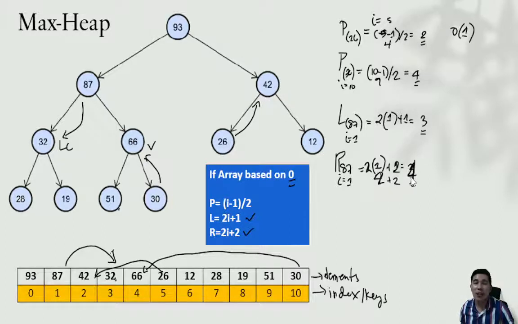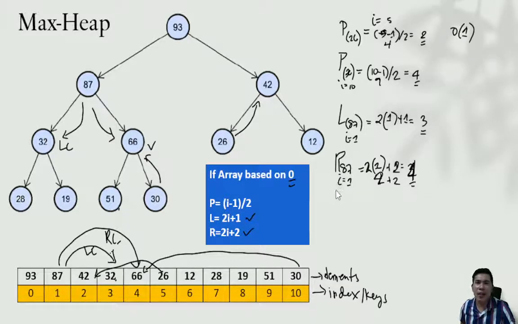So the right child of 87, in our binary tree or binary heap, is 66. Now let's look at the array. This is the left child and this is the right child of 87.